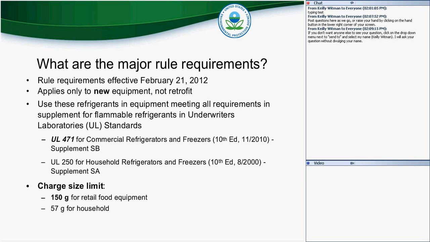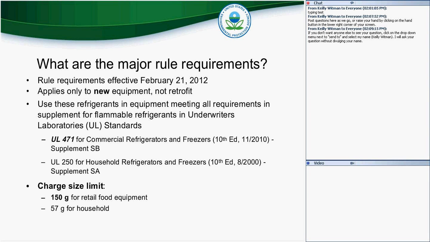And also, just to back up what Margaret said, if UL already had standards out for them, it certainly makes this SNAP process a lot more certain and a little smoother.